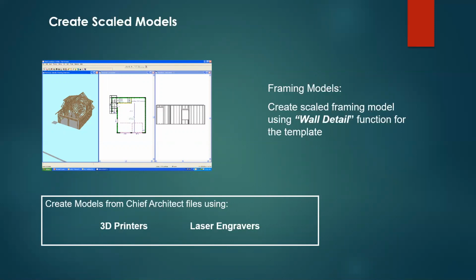So you print it and then you can lay it on the table and create that framing detail for each of the walls using balsa wood. You can also create scaled models from Chief Architect files using your 3D printers and your laser engravers.